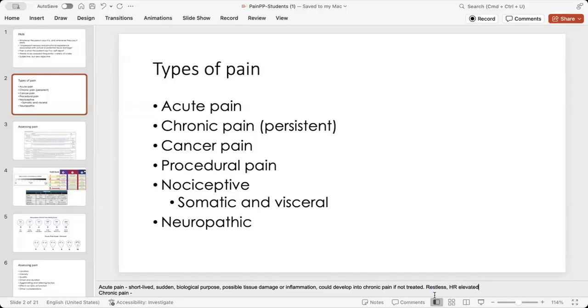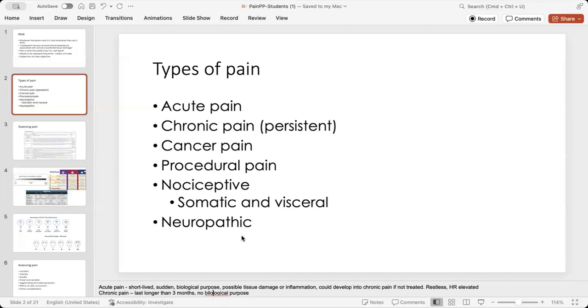What about chronic pain, sometimes known as persistent pain? How does that differ from acute pain? It lasts longer, right? Three months or longer. Does it serve a biological purpose? Oh, no. What kind of chronic pain might patients have?